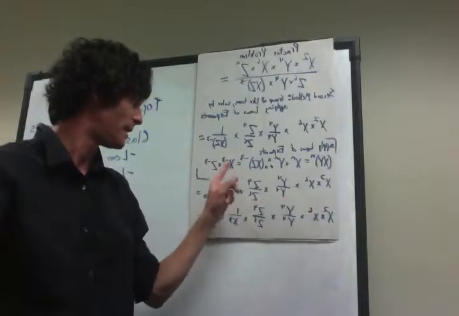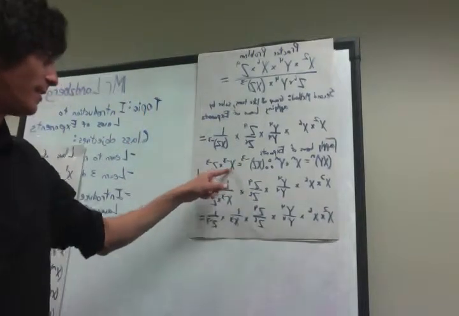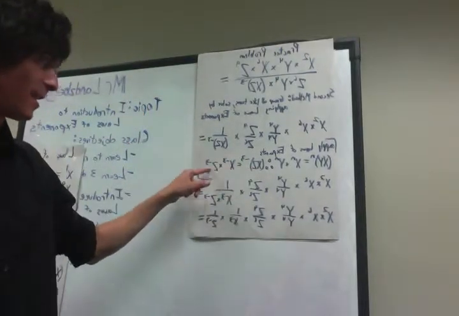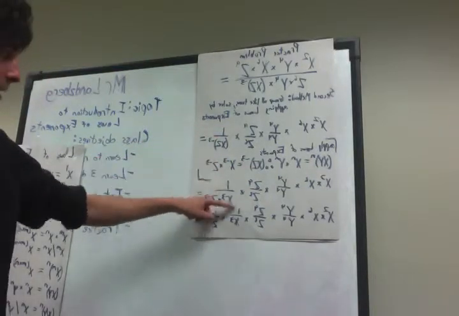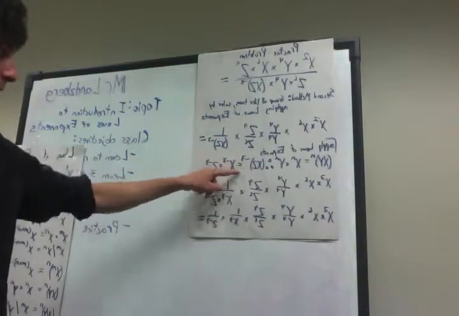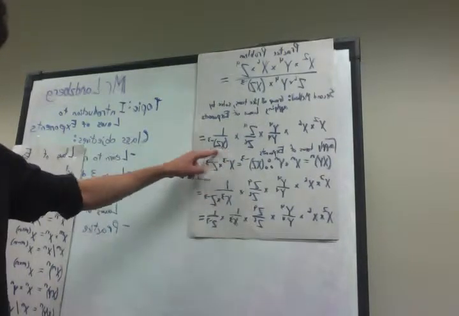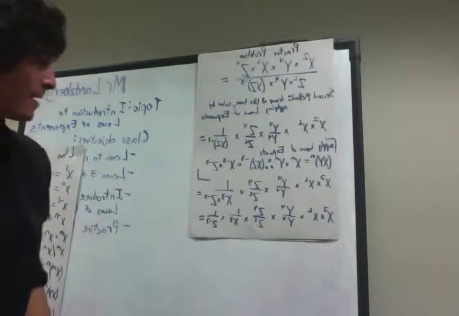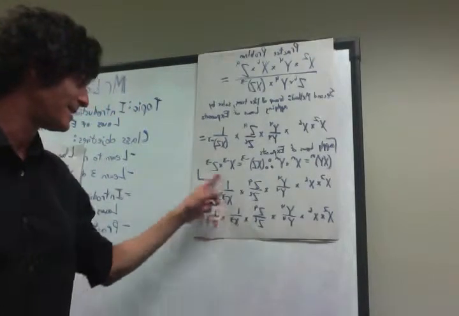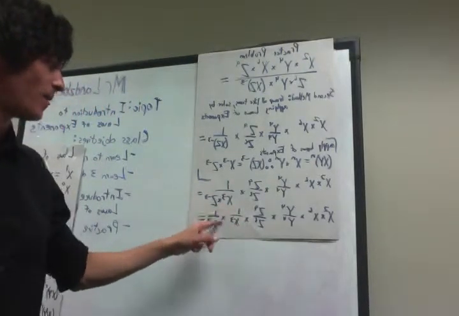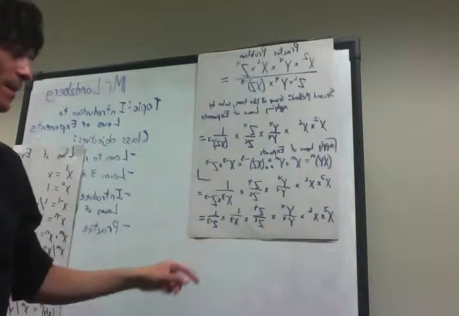So we jump from here to here, substitute in this for this. And now we can separate this fraction into one x term and one z term. It's like 1/6 is equal to 1/3 times 1/2. Right?